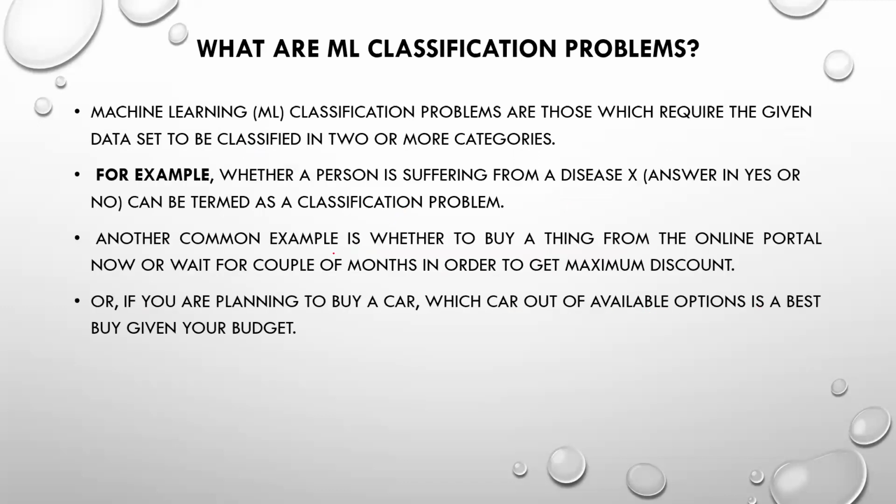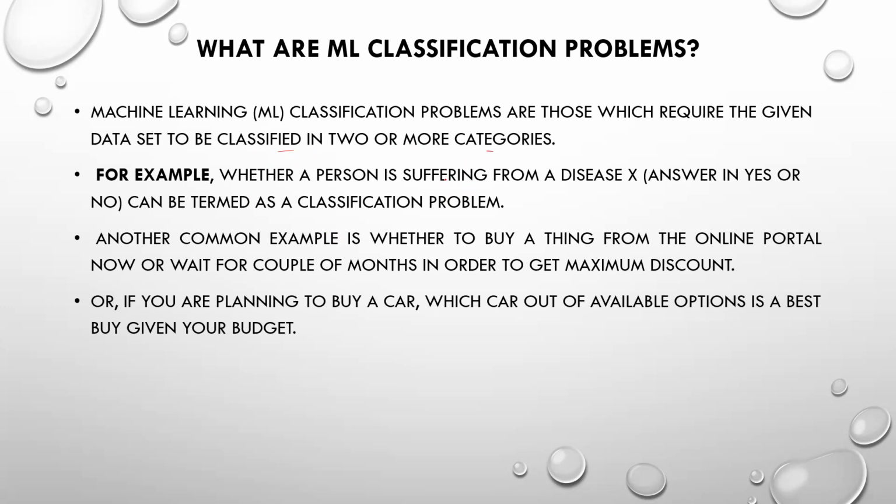Machine learning classification problems are those which require the given data set to be classified into two or more categories. We'll be having a data set, and machine learning classification problems are nothing but the data set being classified into two or more categories. Suppose we have a heart disease data set.